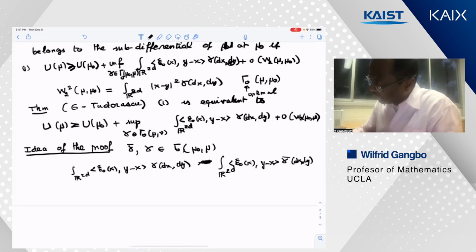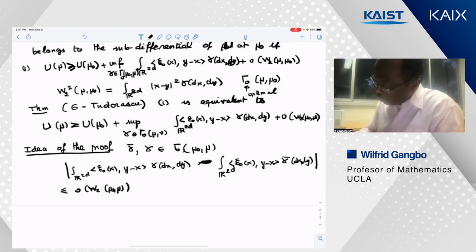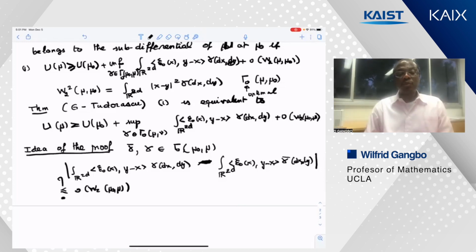More precisely, if I can show that this is smaller than little o of the Wasserstein distance between mu naught and mu, I will have proven my theorem.